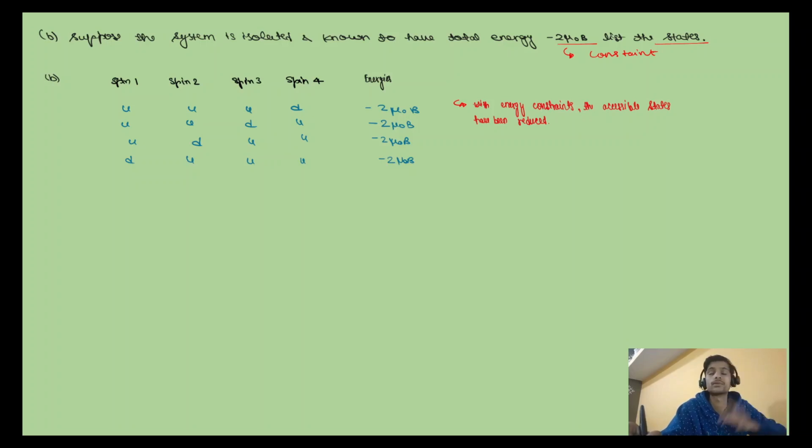Now here also, what will be the equilibrium or the average energy? That will be minus mu naught B. Now from the ergodic hypothesis also, to achieve this minus 2 mu naught B, the system will go through each of these 4 states, right?